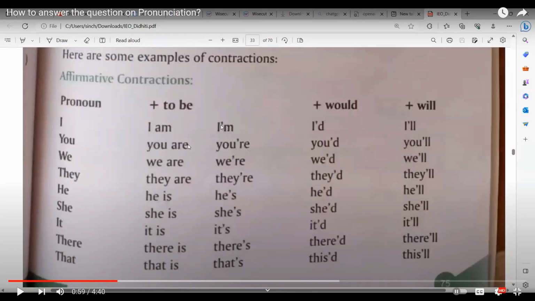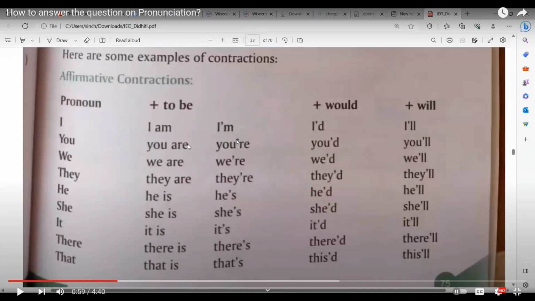No, ma'am. Okay, Tuhin, can you explain this part better? Yes, ma'am. When we write "I am" in that place, we can also write I apostrophe M, because then the process is "I am."